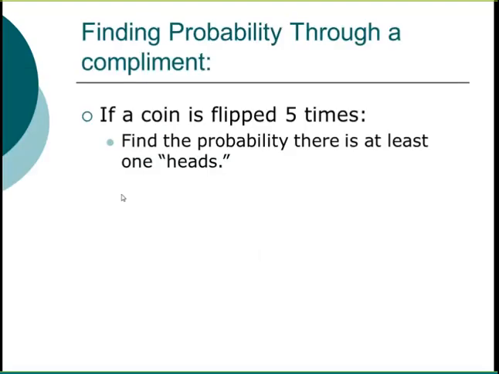Finding the probability through a complement: a coin is flipped 5 times. Find the probability that there is at least 1 heads. Well, to not get 1 heads, you would have to get all tails. There's only one way to get all tails. So the odds of that happening would be 1 out of how many different ways it can happen?